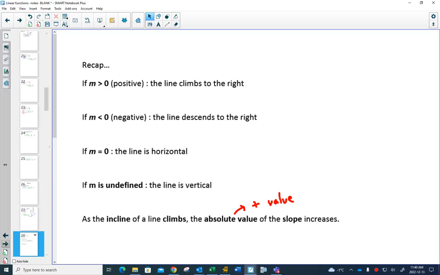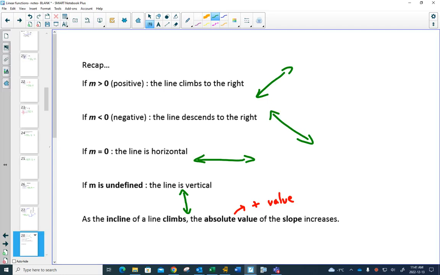Recap. If m is bigger than 0, the line is going up from left to right. If m is less than 0, the line is going down from left to right. If m equals 0, it's flat. And if m is undefined, it's straight up and down.